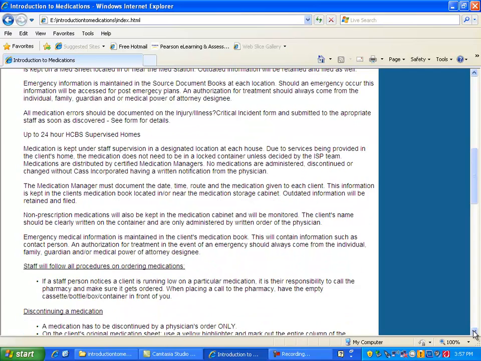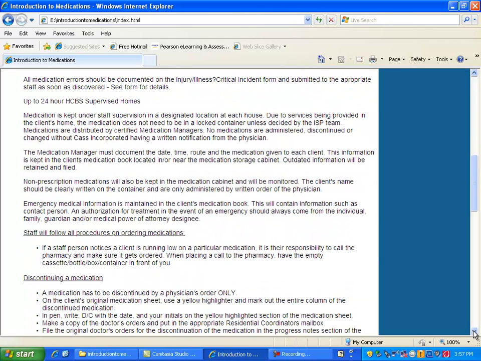Again, medication is kept under staff supervision in a designated location at each house. Due to the services being provided in the client's home, the medication does not need to be locked up in a container unless decided by the ISP team.